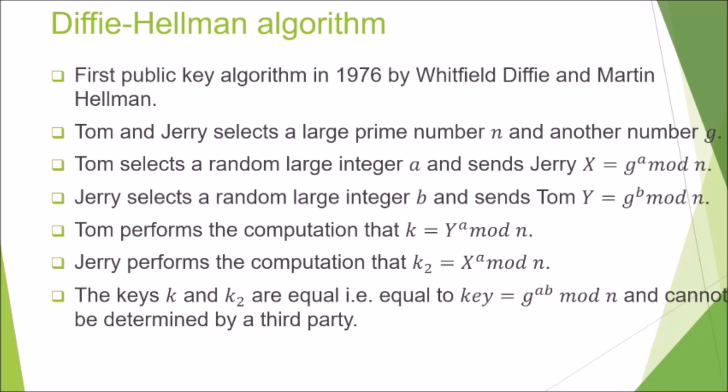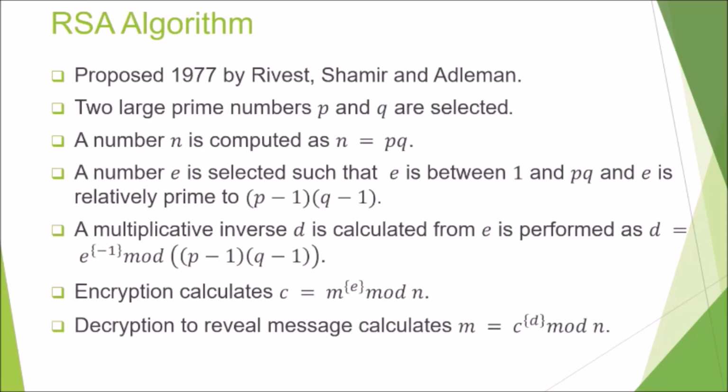Jerry selects a random large integer b and sends it to Tom. Now Tom performs the computation, that is, y to the power of a mod n. Similarly, Jerry performs the computation. The keys k and k2 computed by Tom and Jerry are equal to g to the power of ab mod n, which cannot be determined by a third party. This will be the final key.